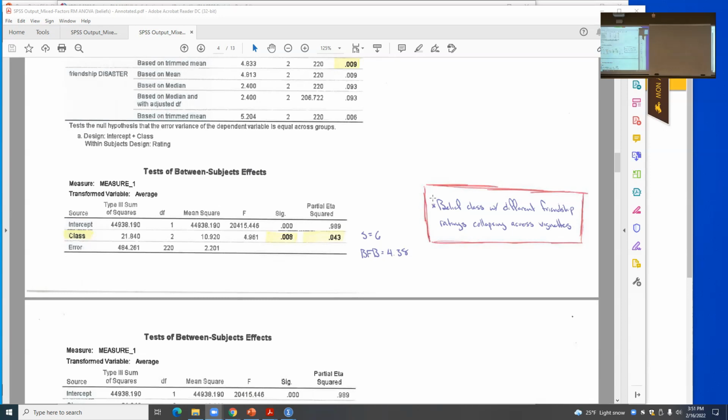So if we're looking at the average friendship rating for members of the negative profile versus the benevolent profile versus the interpersonal profile, if we collapse, take the average rating that they're providing across vignettes, we have evidence of differences across these three belief profiles. Is this meaningful and interesting? Yeah, why is that?